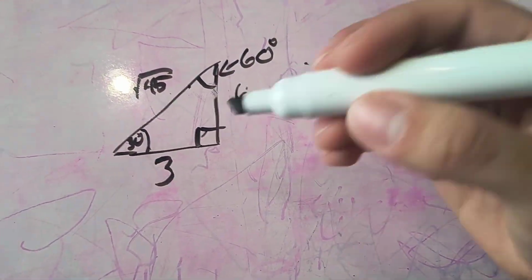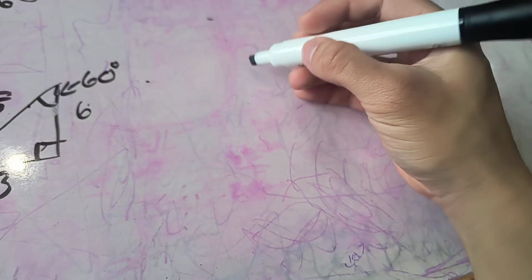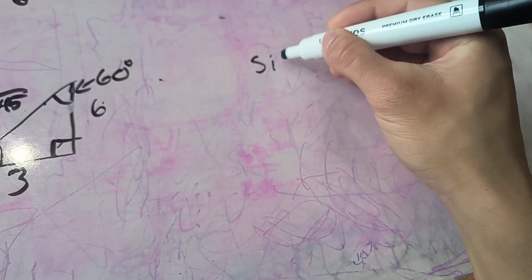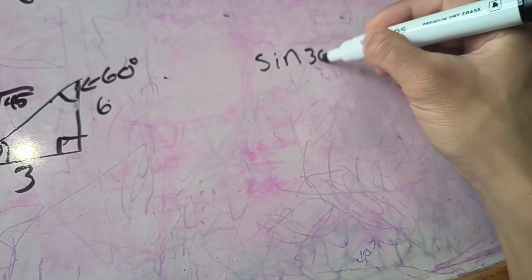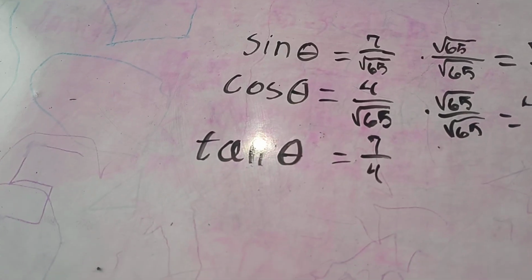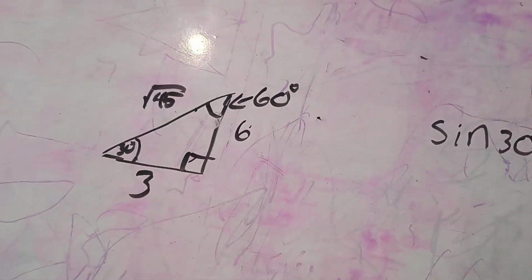They all add to 180. Let's say we're trying to find all the trigonometric ratios for the 30-degree angle. So theta in this case would be this 30-degree angle right here.